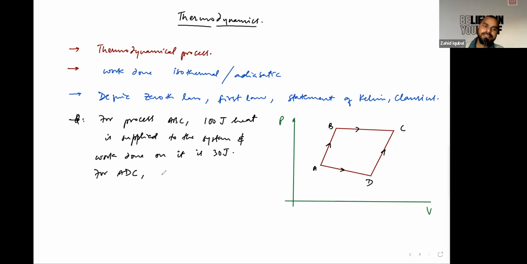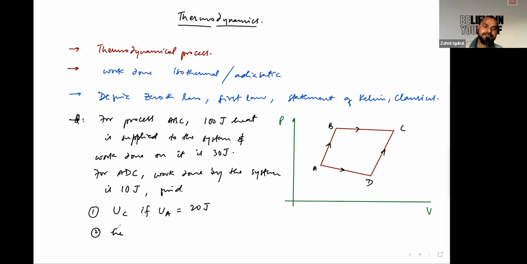For ADC, work done by the system is 10 joule. Find first the internal energy at point C if internal energy at point A is 20 joule.